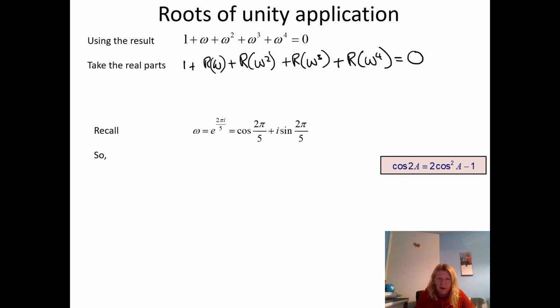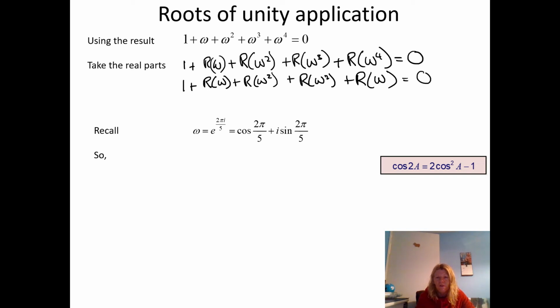Now we can replace, because I've just told you that the real part of omega to the power 4 is the same as the real part of omega to the power 1. So we can say that's 1 plus real omega plus real omega squared plus real omega squared again plus real omega.